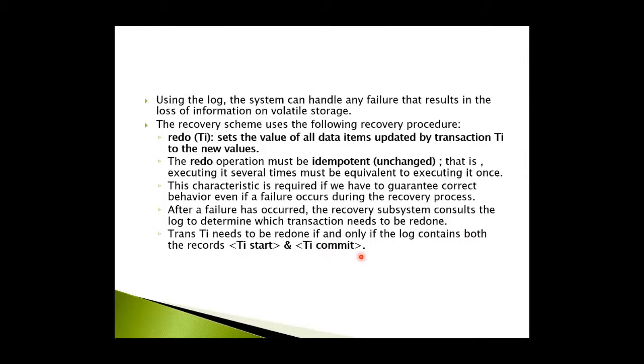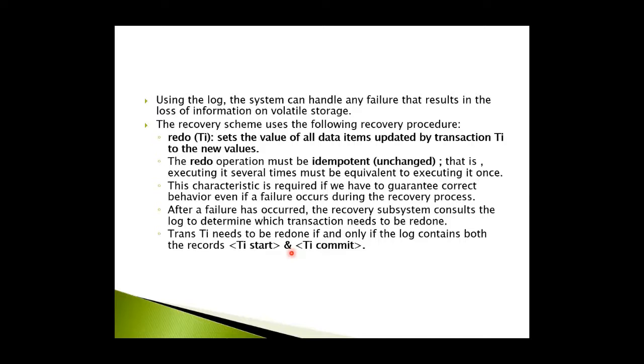So what is the takeaway? If you have to make a decision by looking at various transaction logs in your database system, you have to check whether, for that particular transaction, both the start and commit records exist. If both exist, then you can decide to redo that particular transaction.